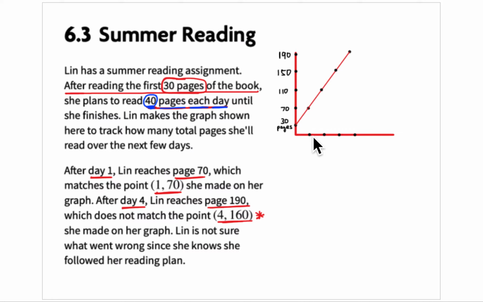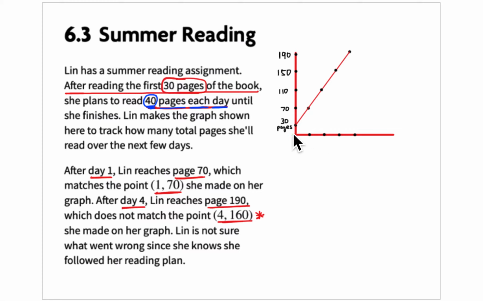After one day, she read 40 pages. So I just estimated where 30 would be, and then I just made a guess of where 40 pages would be. That's 70, another 40 pages, 110, another 40 pages, 150, and another 40 pages, 190. So this is 1 day, 2 days, 3 days, and 4 days.